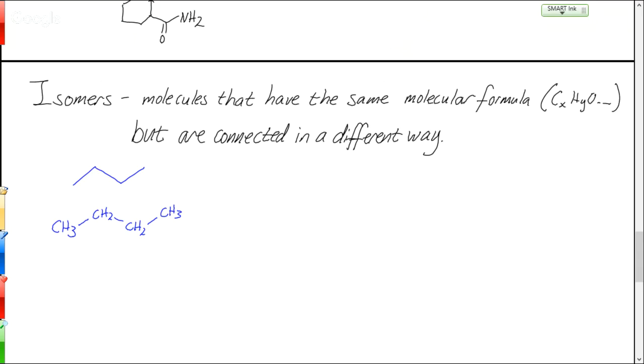And then the second one I drew in a line structure would look like that. In a condensed structure would be like this.